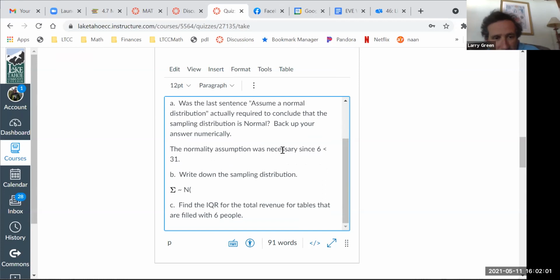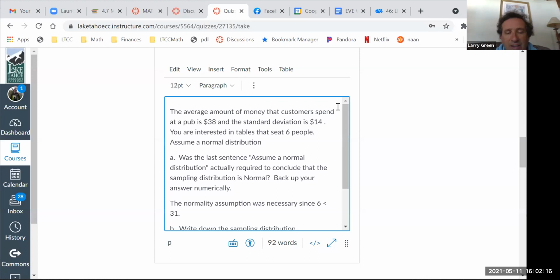So we can write 38 times 6, comma. And now, what is the standard deviation for totals? Or in other words, what is the standard deviation of the sampling distribution for totals? And that had a formula also. And how did that go?